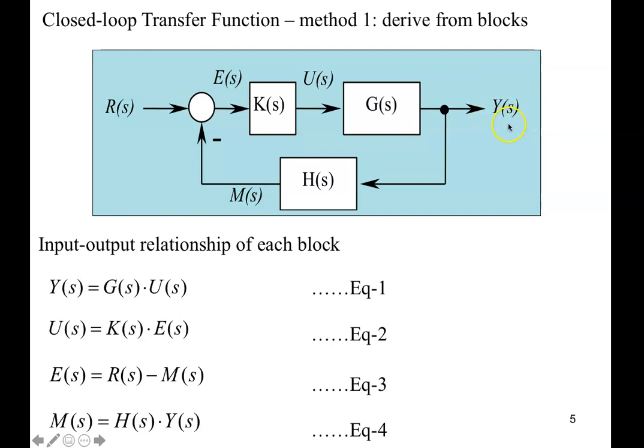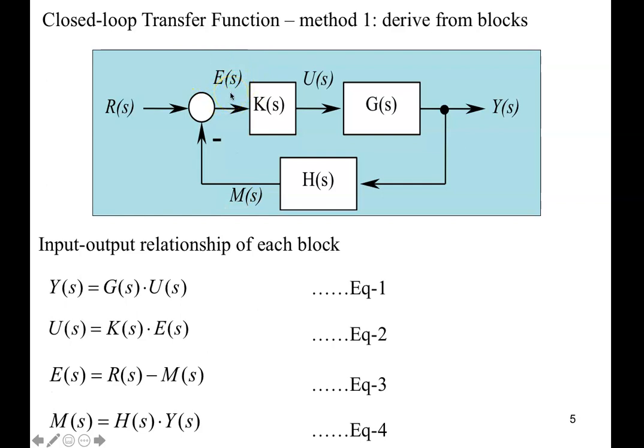So it will be YS times HS equals the output MS. That's my equation number 4. Okay, and then I have this summing block. It's a negative feedback, therefore it's RS minus MS equals ES.